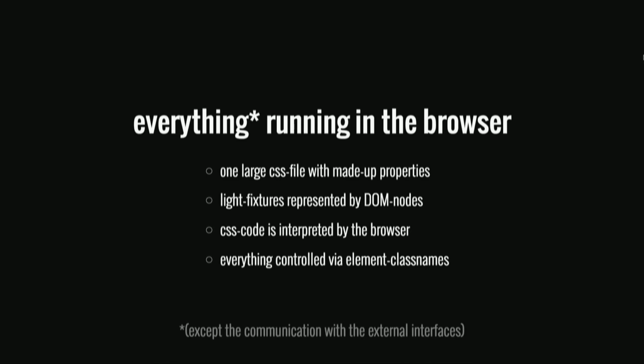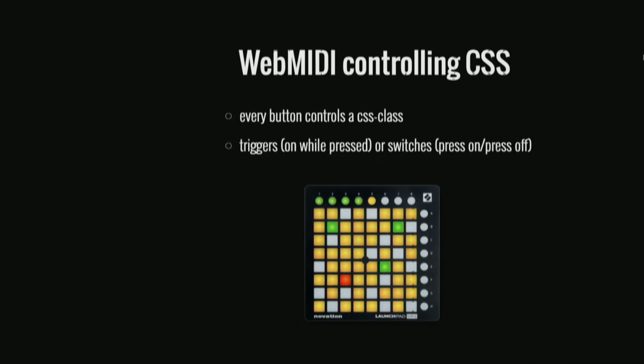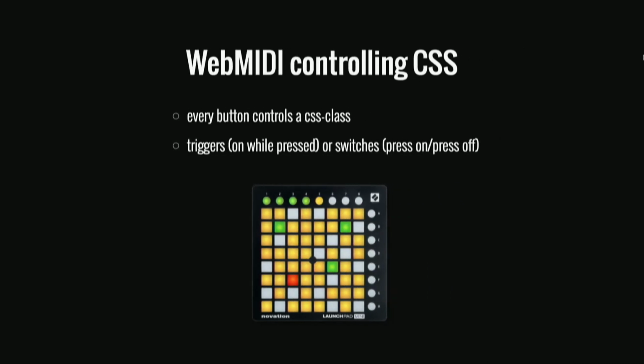So I have everything of that running in my browser. It's this one large CSS file that is actually interpreted by the style engine of Chrome. And I have all these light fixtures, like these lamps up top here, all represented by single DOM nodes. And I can just apply styles to that, and I can control it just by setting element classes on a parent element, which is done with this Launchpad controller.